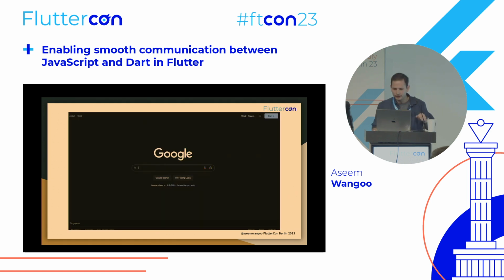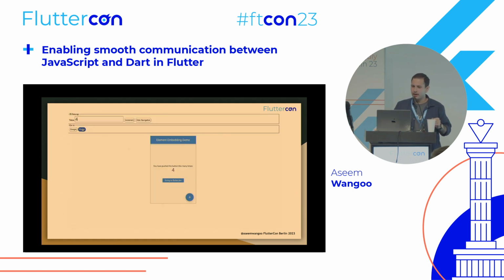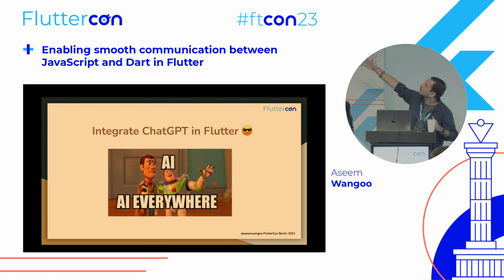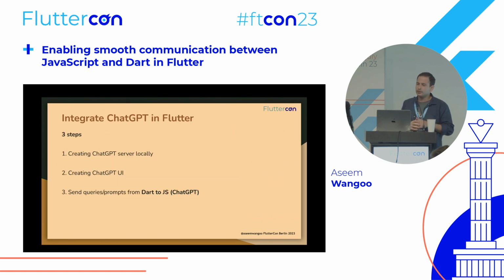Yep. Cool. And now we will be doing this, which is integrating ChatGPT in Flutter, because AI everywhere. So basically, there are only 3 steps for this. Internally, these steps are a bit long. So the first step is we need to create the ChatGPT server locally.